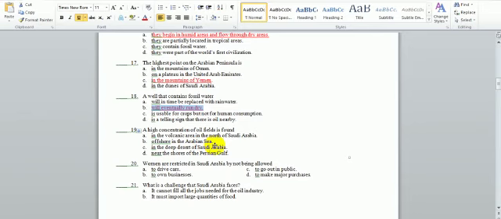Number 19. A high concentration of oil fields is found in the volcanic area in the north of Saudi Arabia, offshore in the Arabian Sea, in the deep desert of Saudi Arabia, or near the shores of the Persian Gulf, where we can find mostly the oil fields in the region.